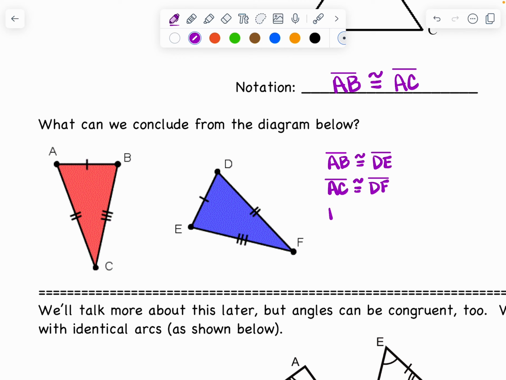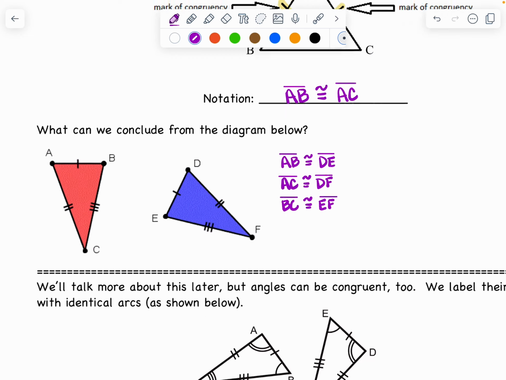And because of the triple tick marks, I know that segment BC on the red triangle is congruent to segment EF on the blue triangle. So we can write all 3 of these congruency statements because of those clues, right, that the picture is trying to tell me. Okay, so we want to look for those for sure.